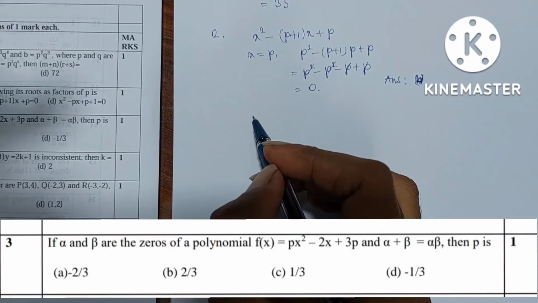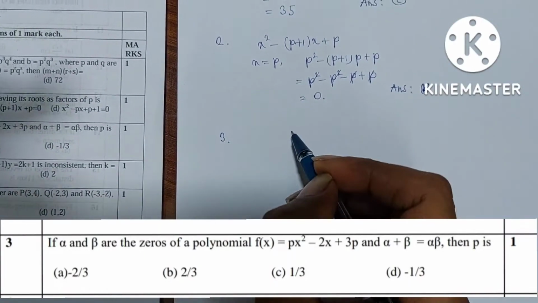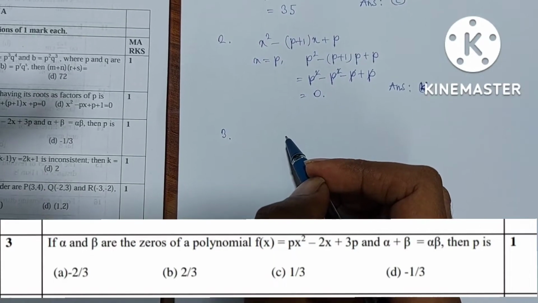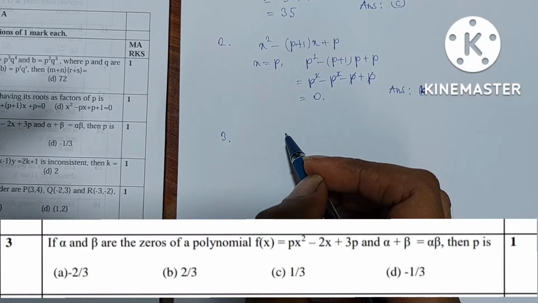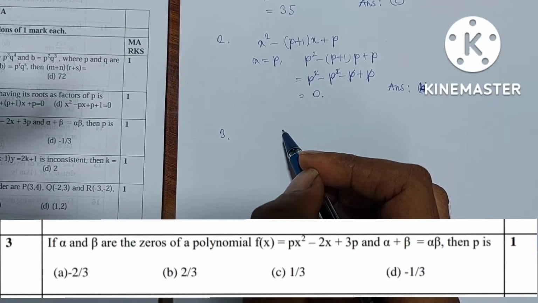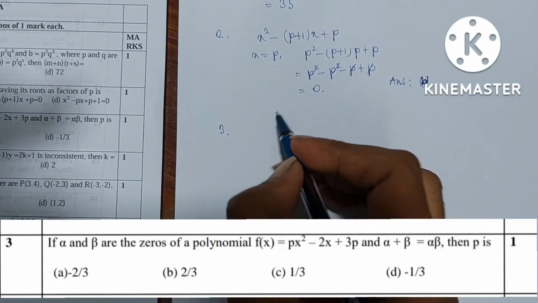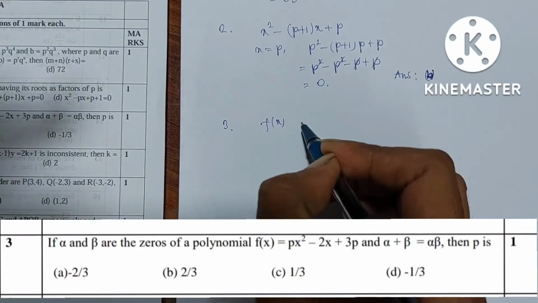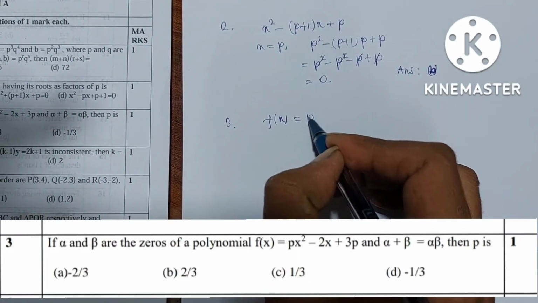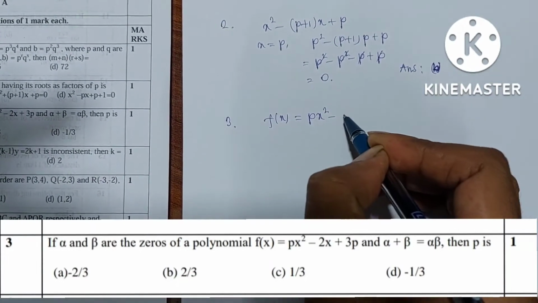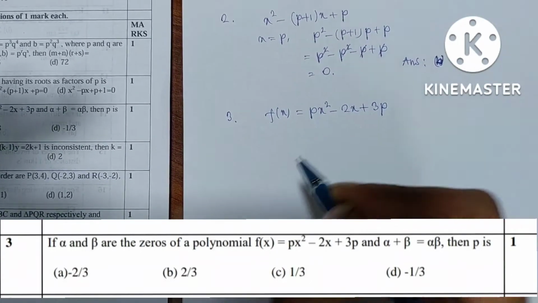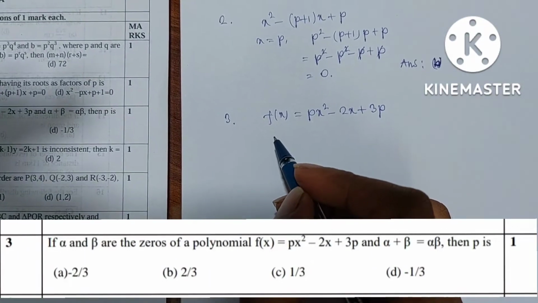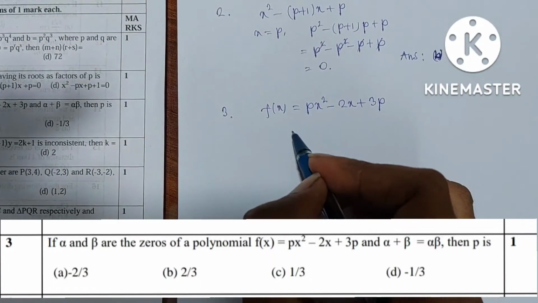Question number 3. If alpha and beta are the zeros of the polynomial f(x) equal to this and alpha plus beta equals alpha beta, then p is. See, here f(x) equals p x square minus 2x plus 3p, and alpha and beta are the zeros of the polynomial.